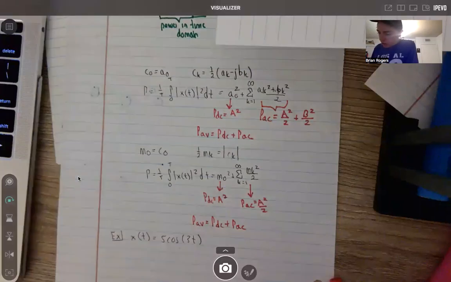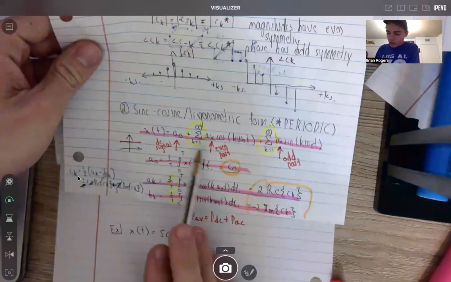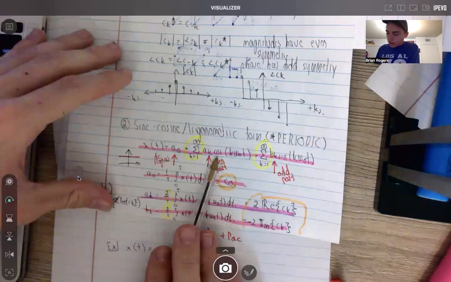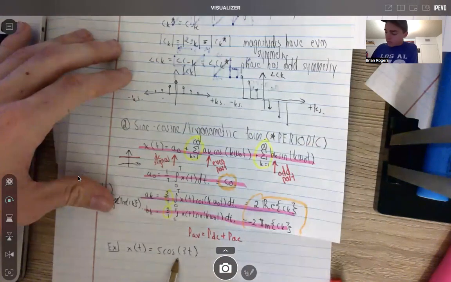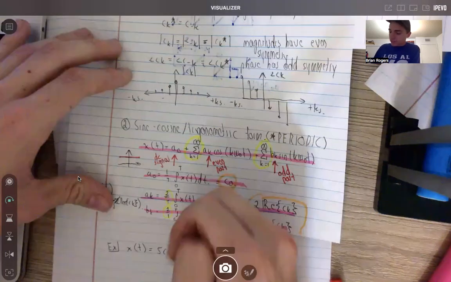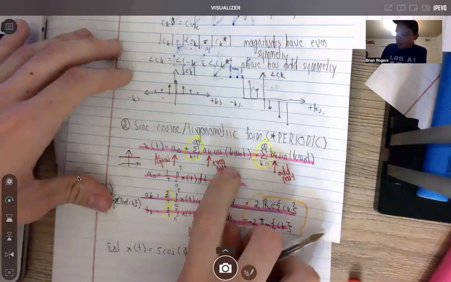If I was given this, would this be trigonometric, cosine, and then I'm given the 3t? Oh, I should have put a 3kt, sorry. And so that's what I have here.